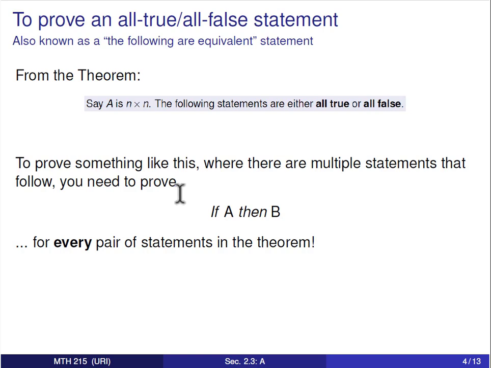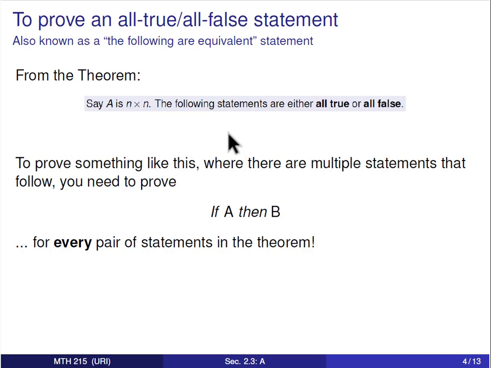So to prove something like this, where there are multiple statements, you're going to need to prove if A, then B for every pair of statements. So if A were the first statement in the list and B were the second statement in the list, you need to show that if A is true, then B is true.